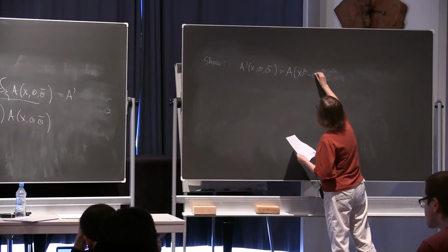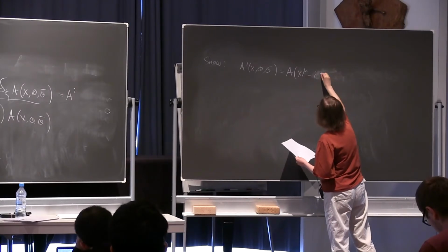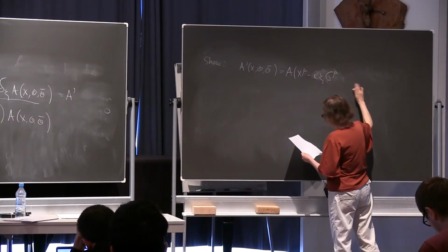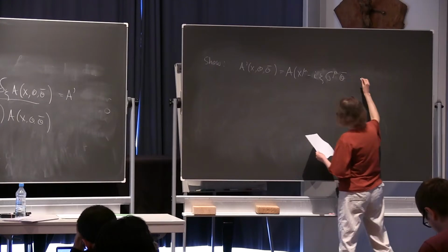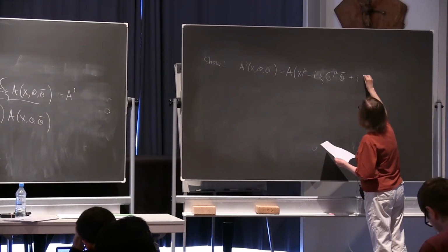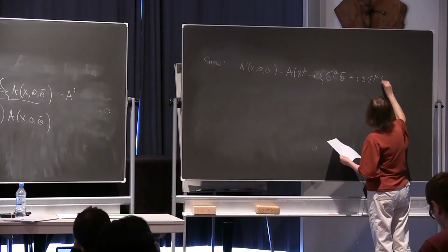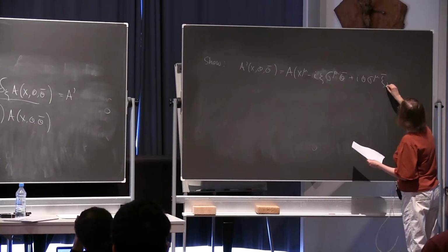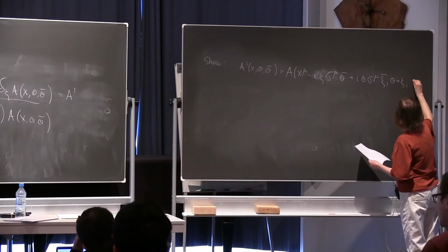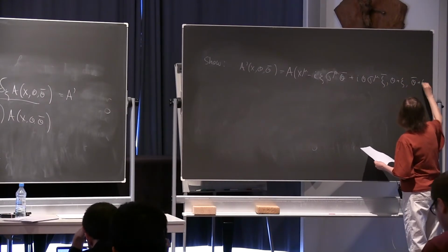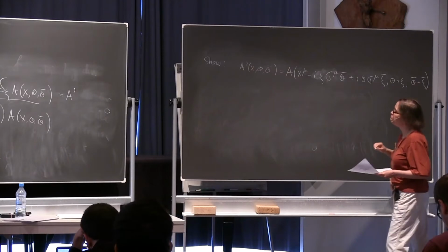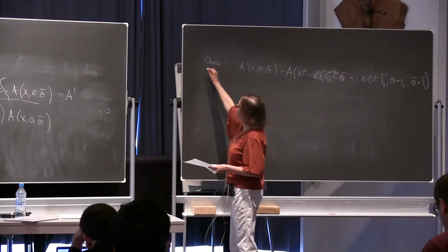So this should be i xi sigma mu theta bar plus i theta sigma mu psi bar, and then theta plus xi and theta bar plus xi bar. So this is an exercise.